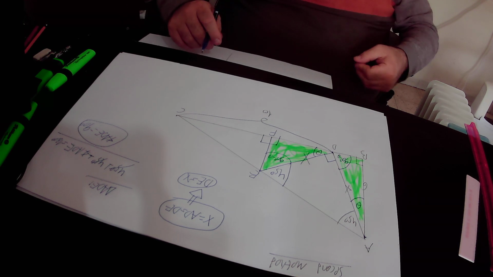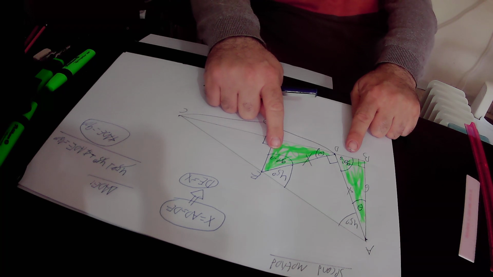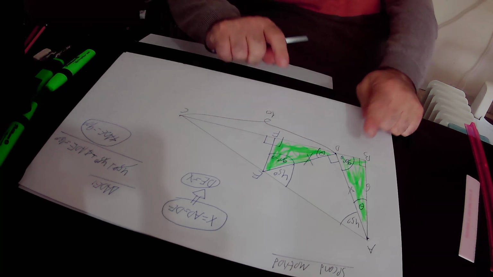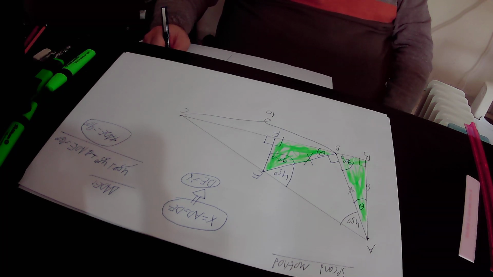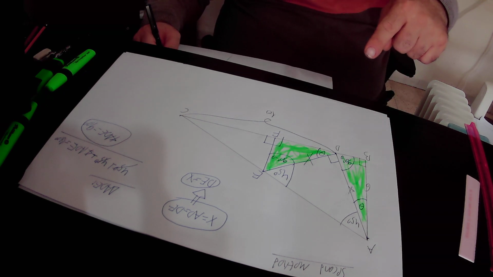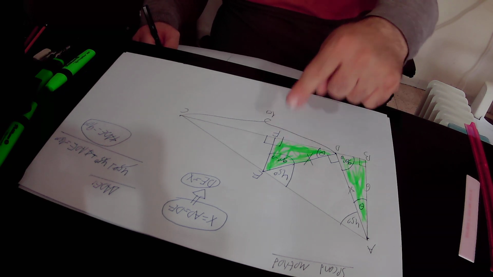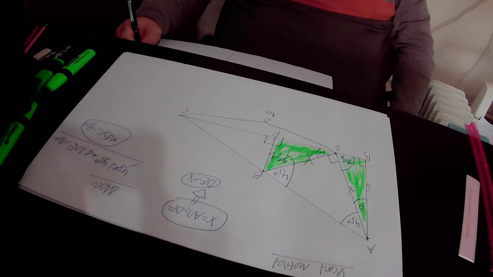In addition, we know that those two angles are equal to each other, they are both equal to 90 degrees minus theta. So angle ADB in triangle ABD is equal to angle DEF in triangle EDF, and they are both equal to 90 degrees minus theta.